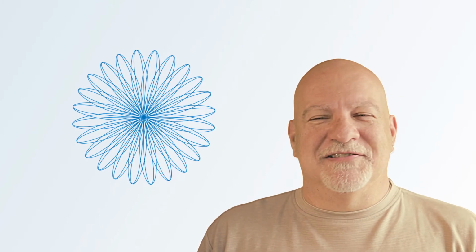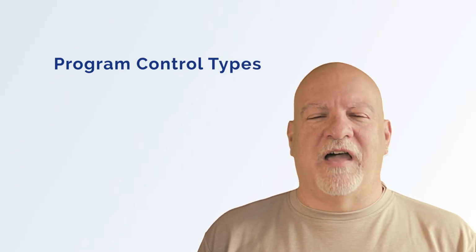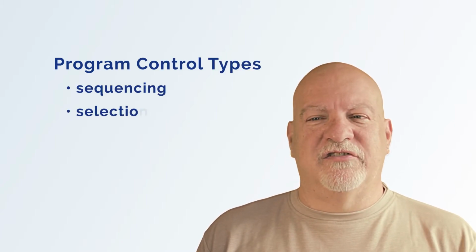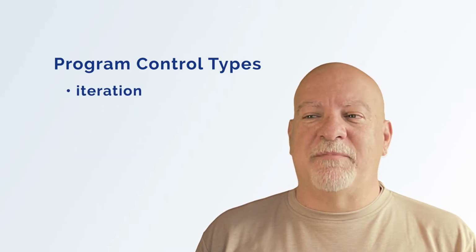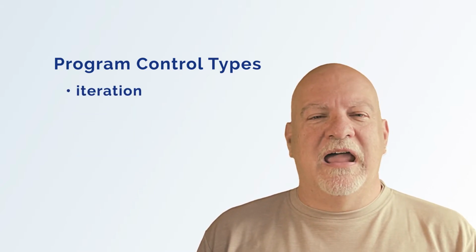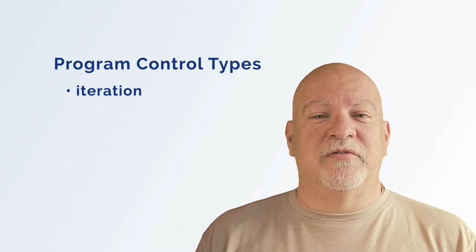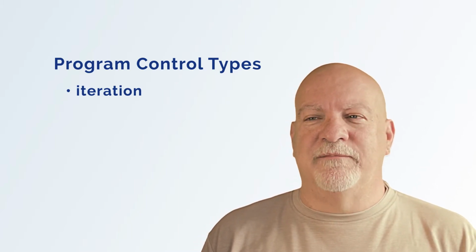I'm giving away my age again. At any rate, before we can do that, we need to learn a little bit about program control. Program control comes in 4 types: sequencing, selection, conditional, and iteration. Iteration is perhaps the most fundamental of the 4 and is at the root of many algorithms, including the one we're going to work on today.